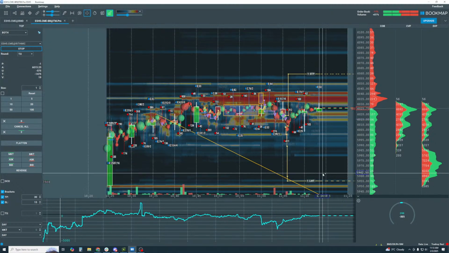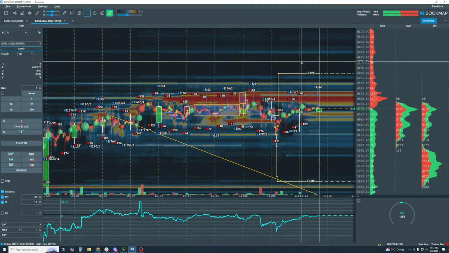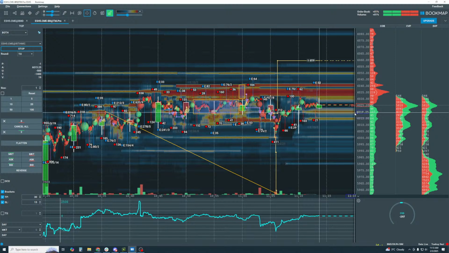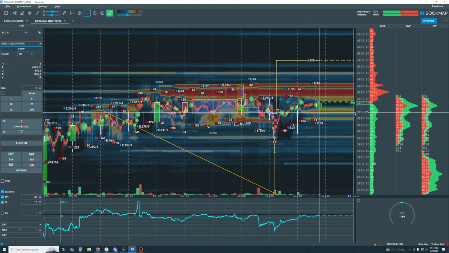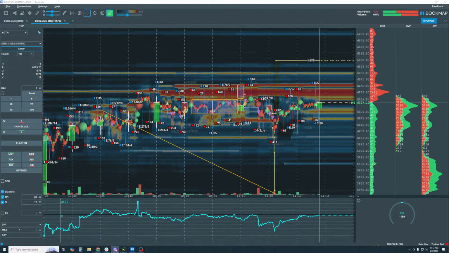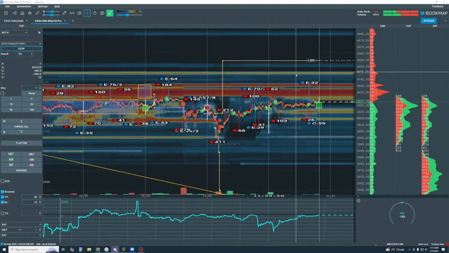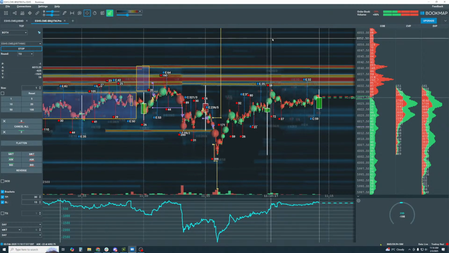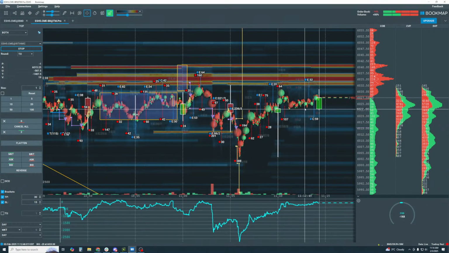We put our take profit around before 50 here, 55 or so. Yeah, just don't really see an edge right now, either way.